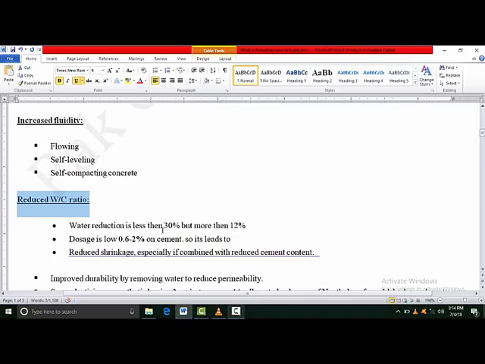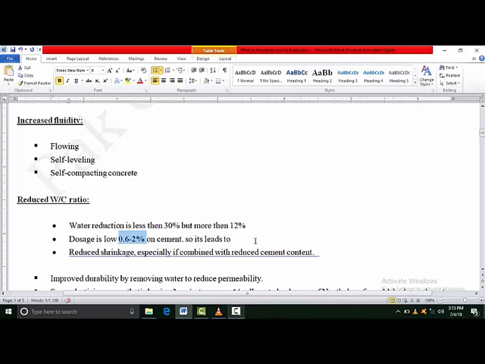Water reduction should not be less than 30%, and but more than 12%, okay. So how much super plasticizer should we add in the concrete? Dosage is as low as 0.2 to 2% on cement. So we should replace cement content by up to 2% of super plasticizer, okay.